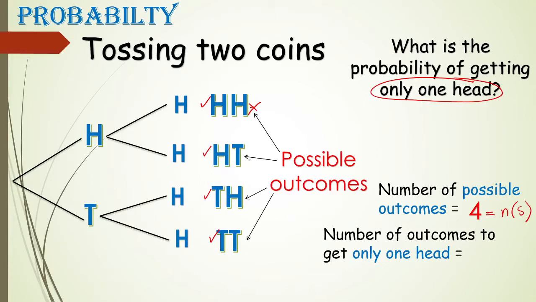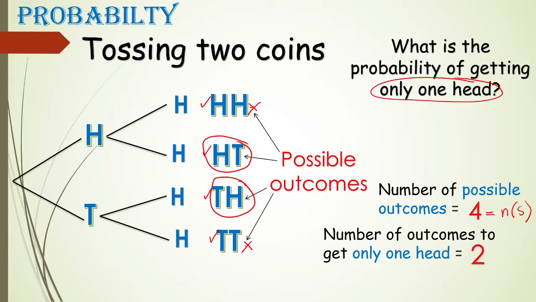What about heads and tails? Is that only one head? Yes. Okay, let's encircle that. What about tails and heads? Okay. What about tails and tails? Is there one head there? Not possible.